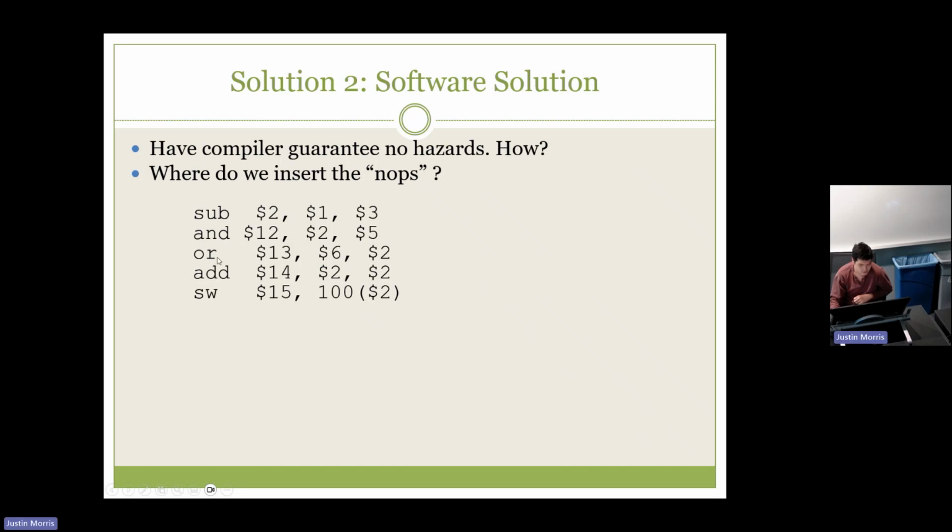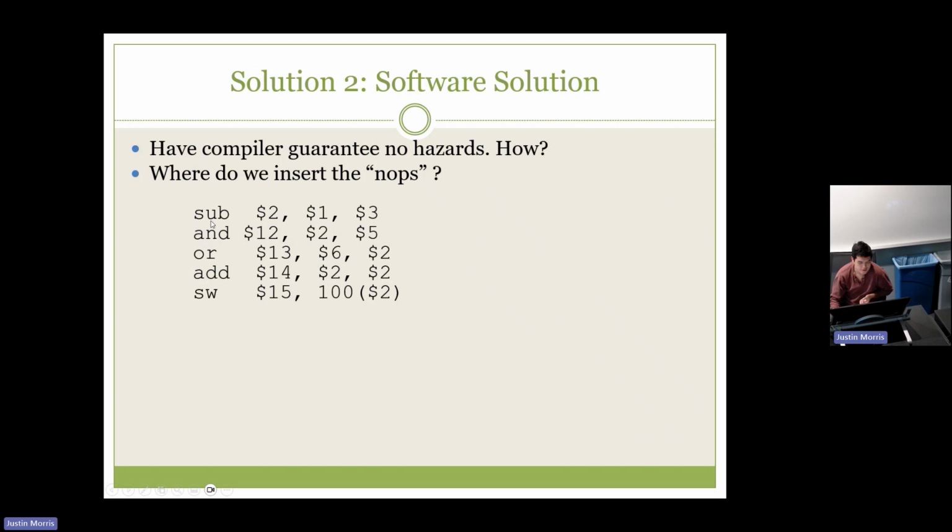No problem, right? Or an add. And then add and store word. But sub and add and or and add and store word. But if we solve the problem for sub and, we will subsequently solve the problem for all instructions afterwards, right?